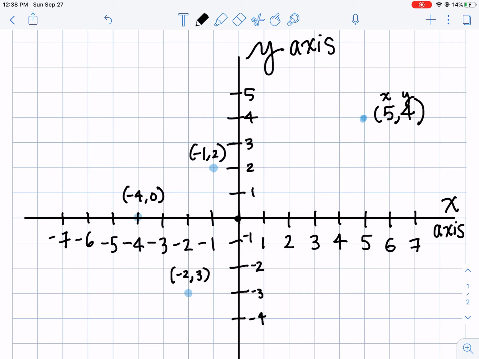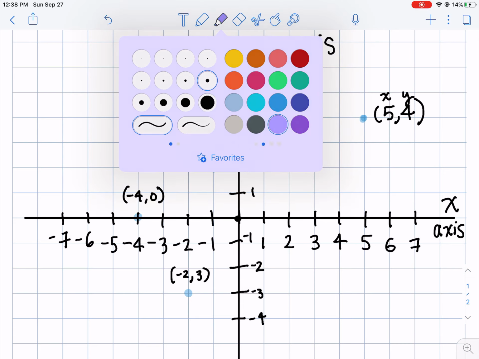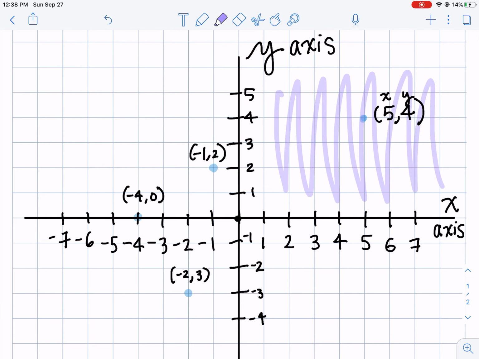And so maybe you're noticing that the points in this little box that has been created are positive: go over positive, up positive. All of the numbers in this little box are going to be positive and positive.